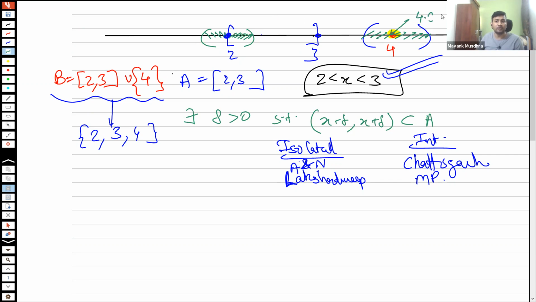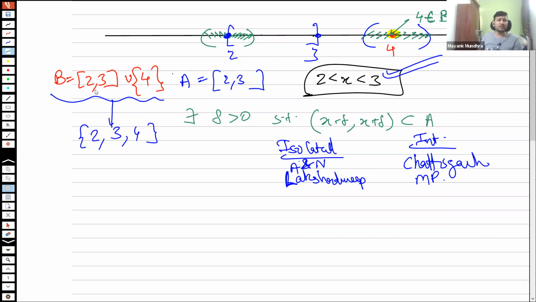Point 4 belongs to the set. So you are okay as long as there's any point in this delta neighborhood which lies inside the set. It need not be different from the point that you started from.